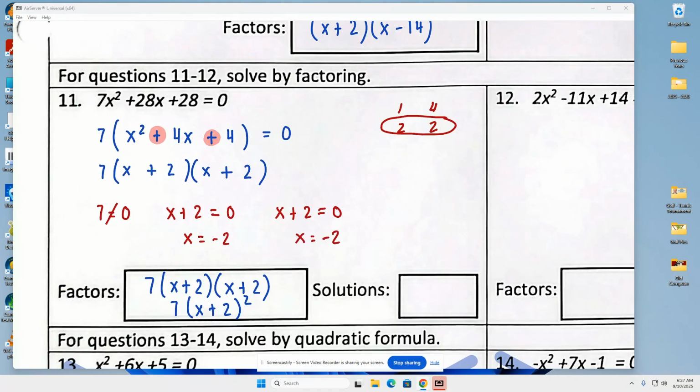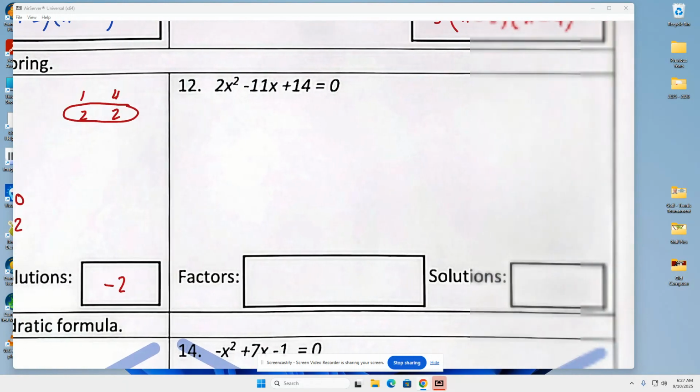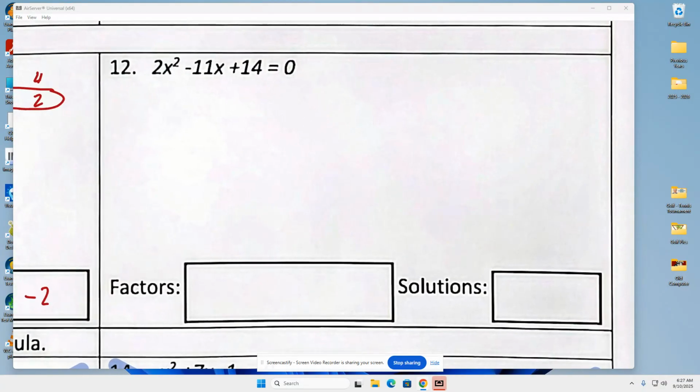Well, do I need to write that twice? No. My solutions are simply negative 2. Now, technically, I would say that it's negative 2 with a multiplicity of 2, but again, that's not important for this particular problem.